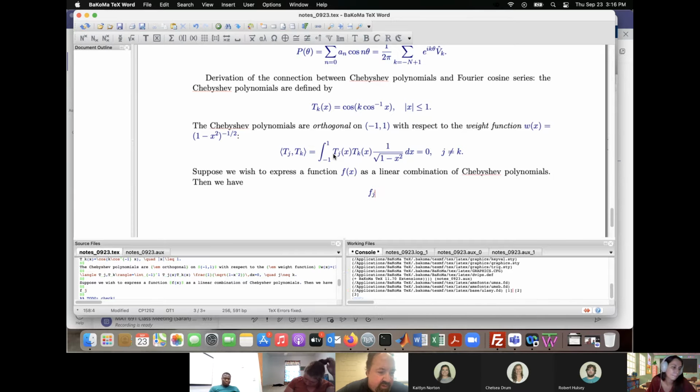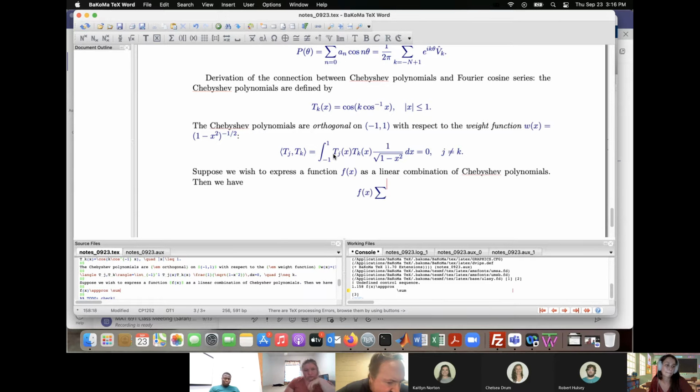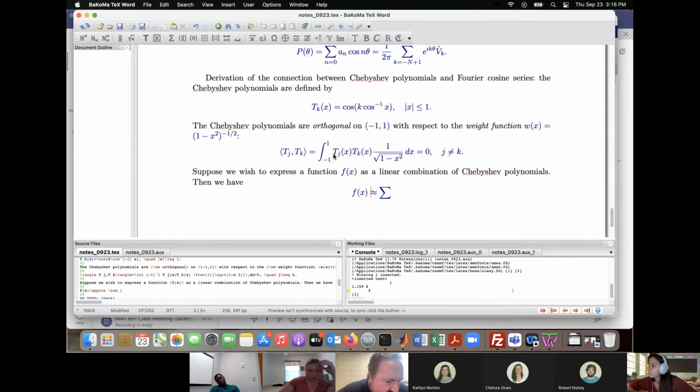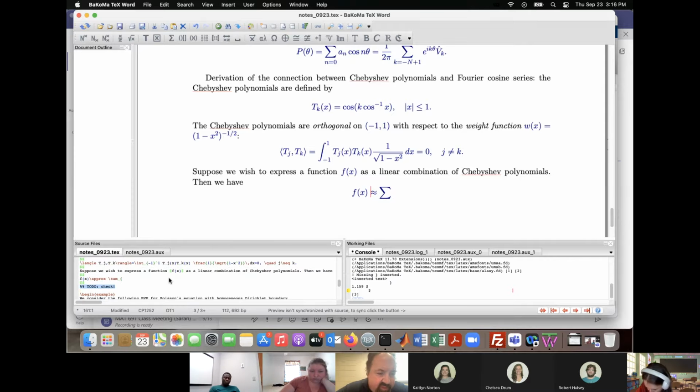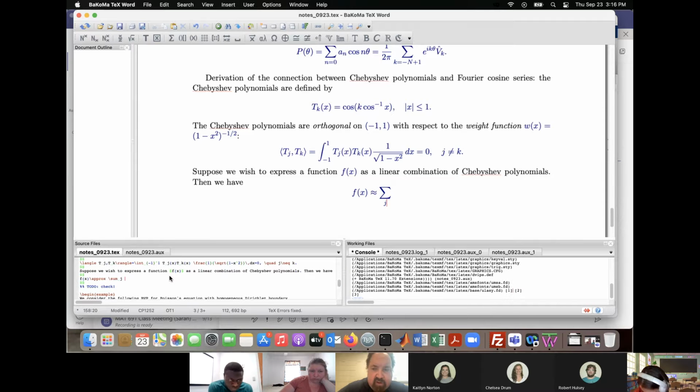So f of x is approximately equal to some coefficients c_j times T_j of x.